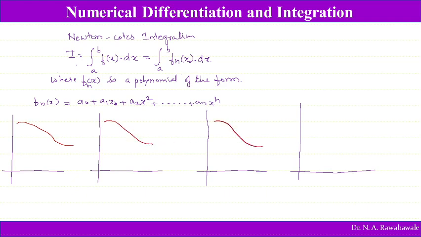Same polynomial fn of x. This is fn of x, fn of x, fn of x, fn of x. So f of x is represented on the y-axis, and x on the x-axis.